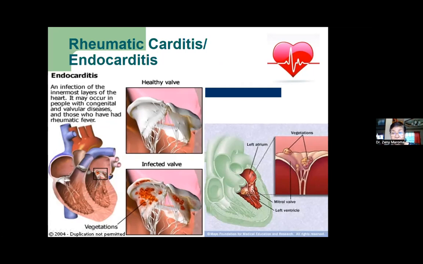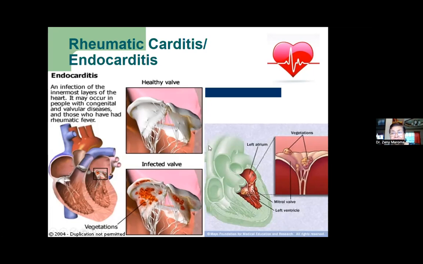It can cause obstruction with the flow of blood. It can cause obstruction with the flow of blood from the atria, left atrium, to the ventricle. Kung aortic valve ang affected, it can cause obstruction with the flow of blood from the left ventricle going to the aorta. It can cause obstruction.